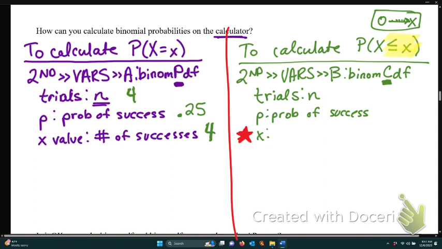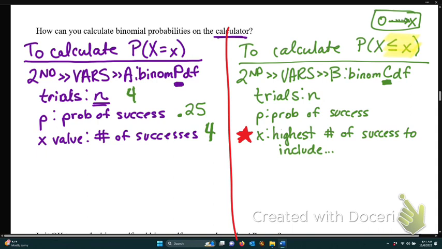This is the highest number of successes that you want to include. And what is it always going to start from? 0. It's always going to go from 0 up to this highest number of successes to include.